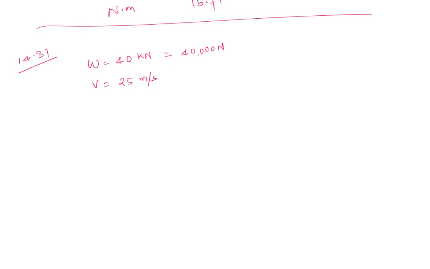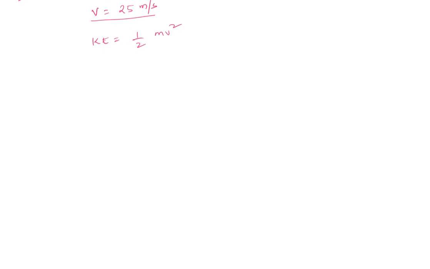So if you were to convert this kinetic energy, which comes by virtue of its velocity, to somehow lift the truck up, how high would it be lifted? Okay, all right, so let's solve this problem. Now we know that the formula for kinetic energy is half mv squared, right?